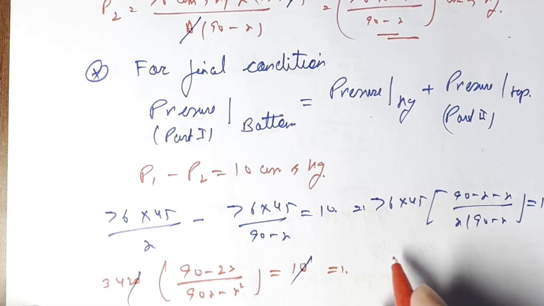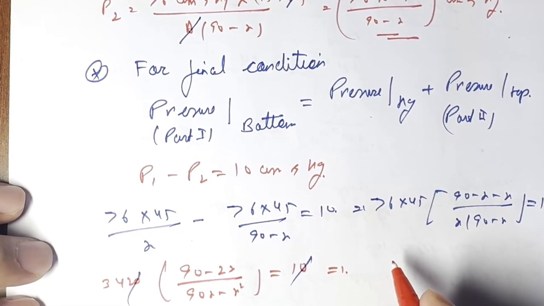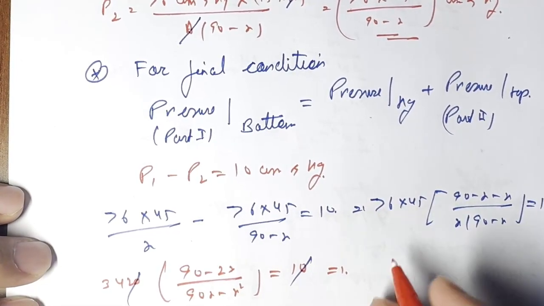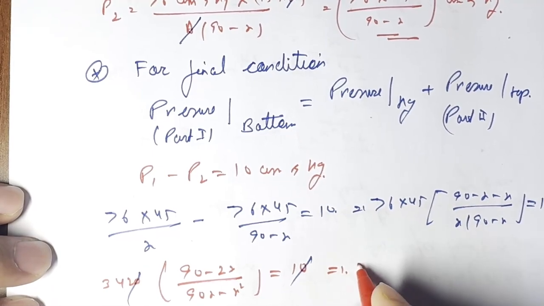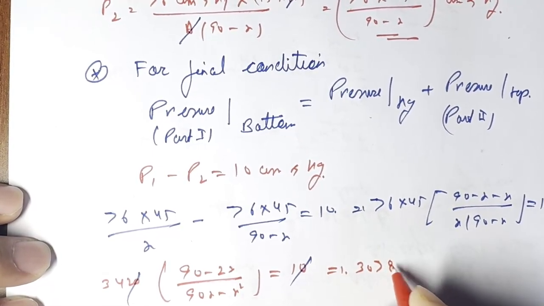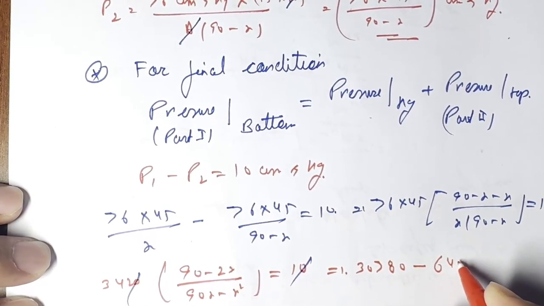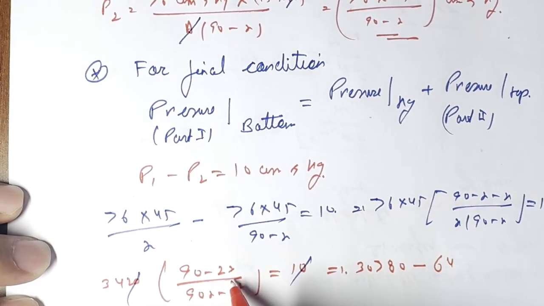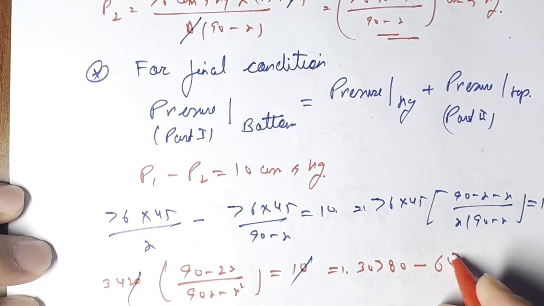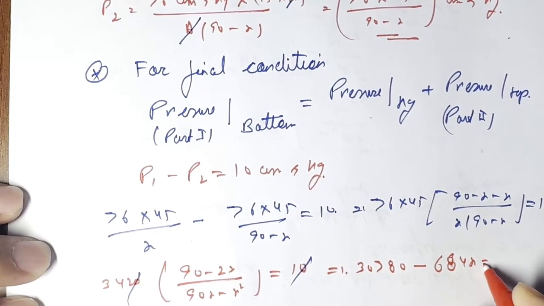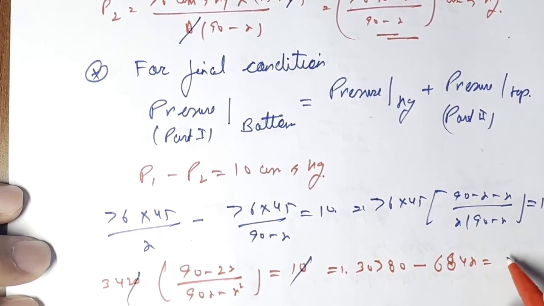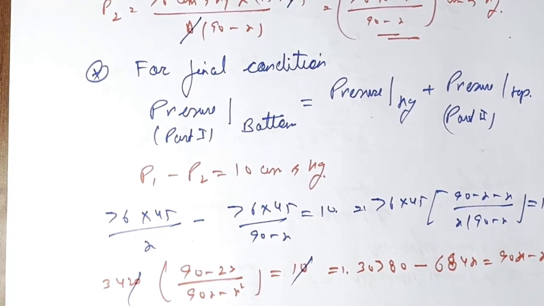If you multiply it, this will come as 30780 minus 684x is equal to 90x minus x square.